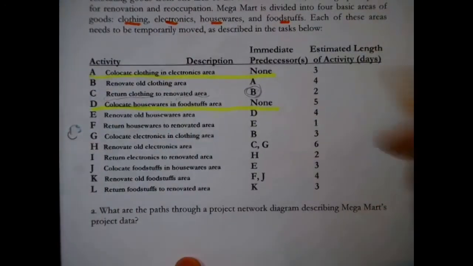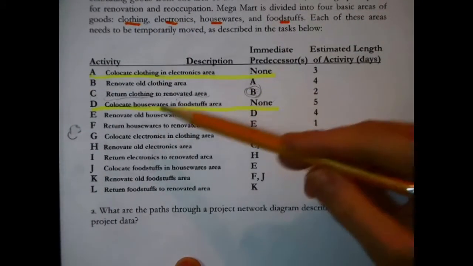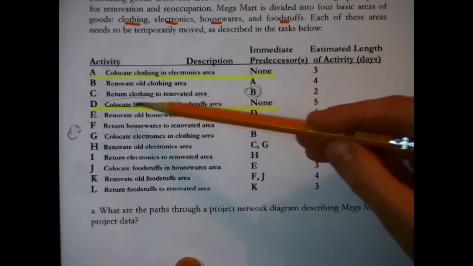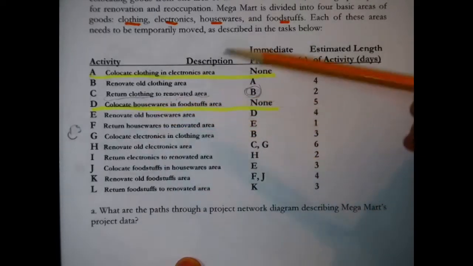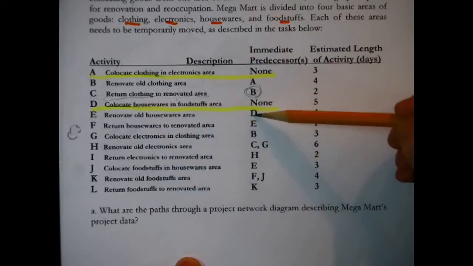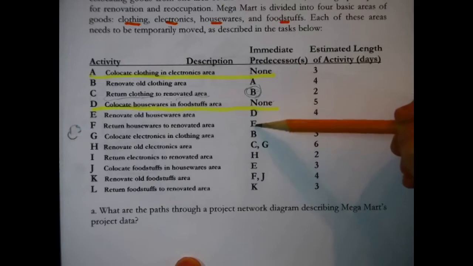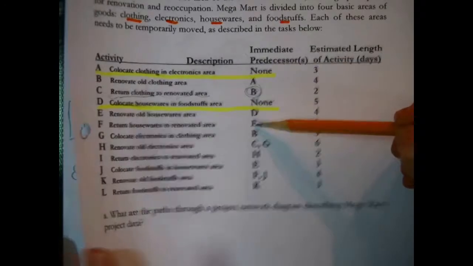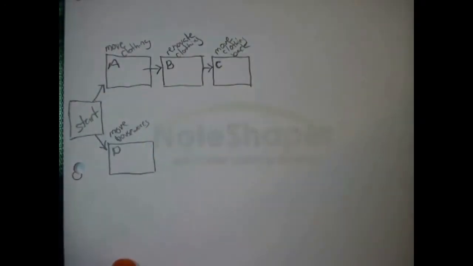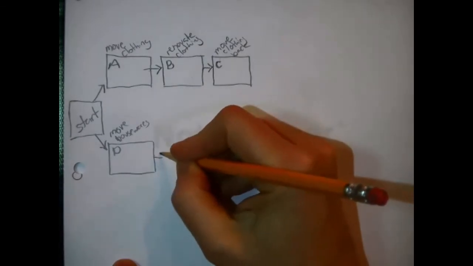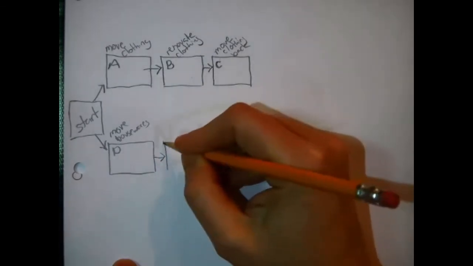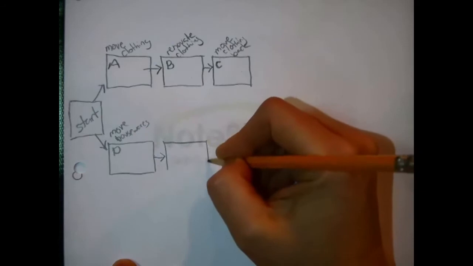Fine. What else do we need to do here? Well, D is already on the network. E, renovate old. Okay, I see the same pattern here. E is renovate the old housewares area, which means you can do that once D is done, and then return the housewares back to the renovated area. That's E. It's essentially the same pattern as up here, just different areas, different subjects.